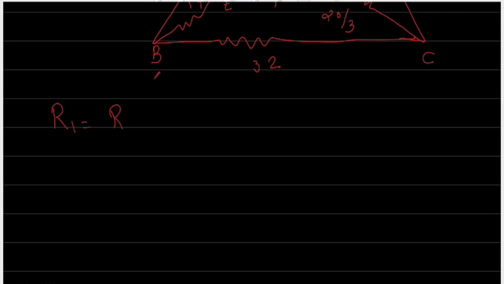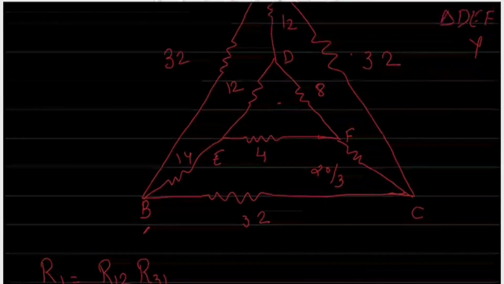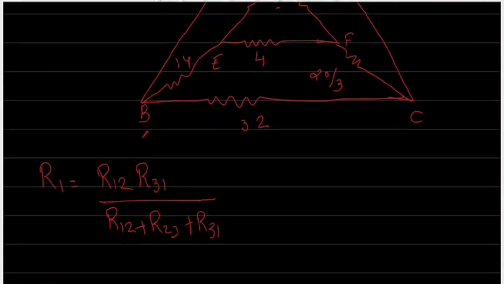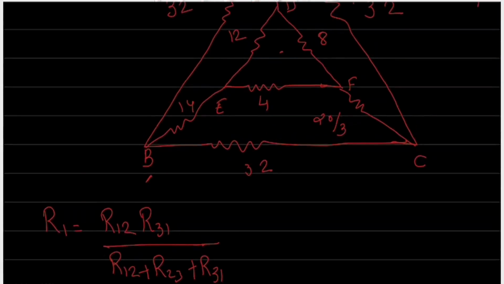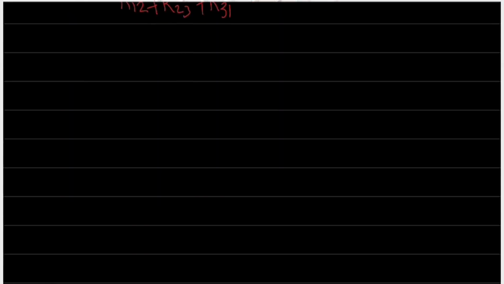R1 is equal to R12 R31 divided by R12 plus R23 plus R31. Okay. Now let us take this triangle DEF here.